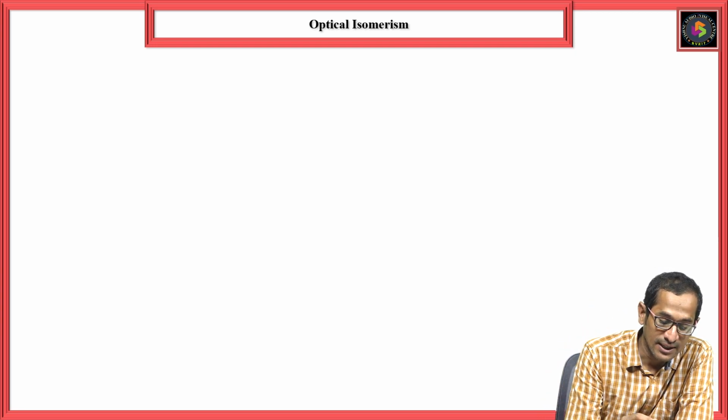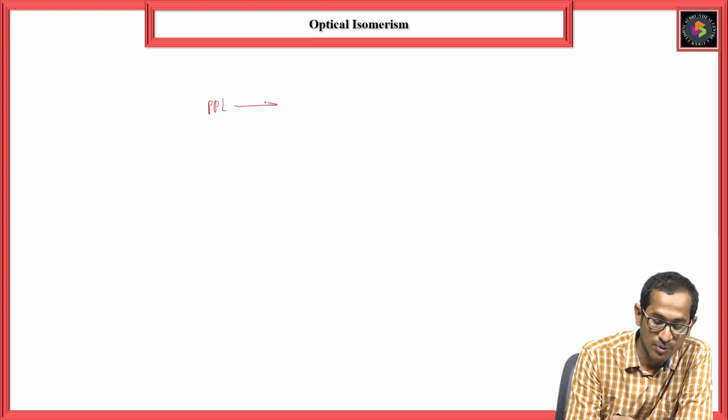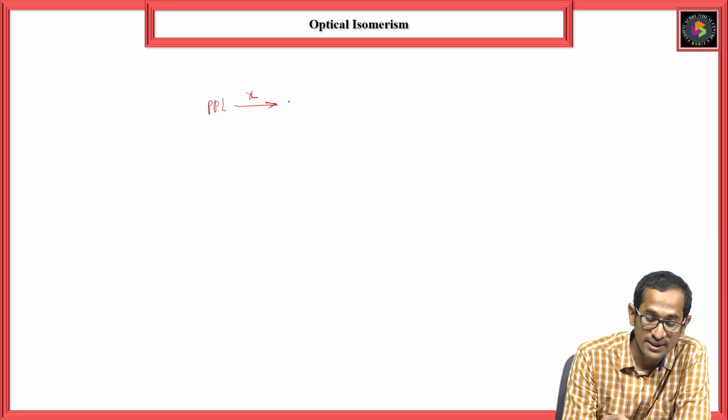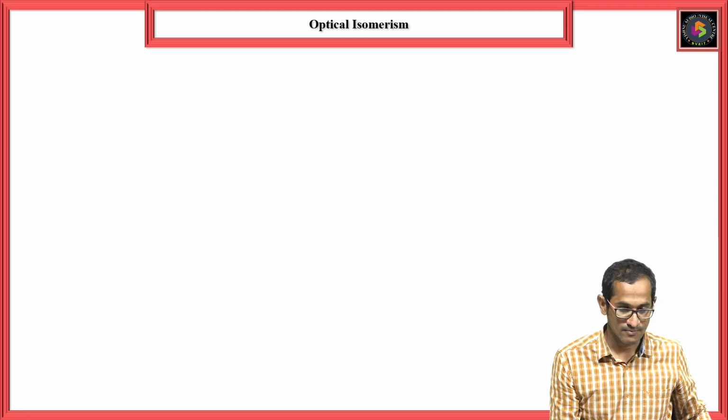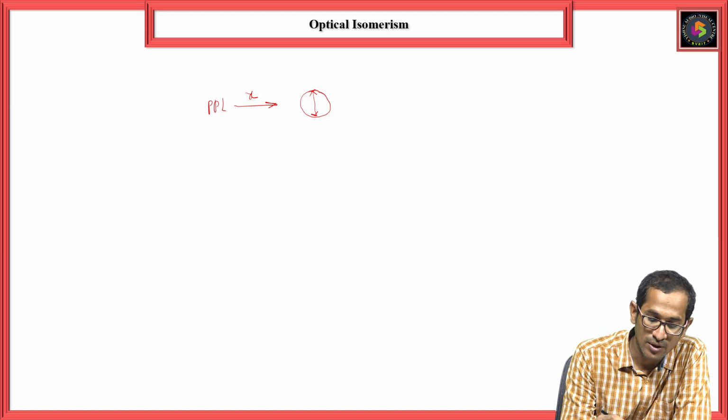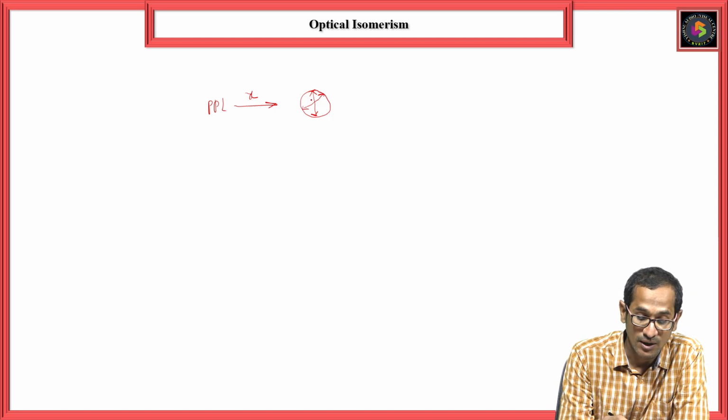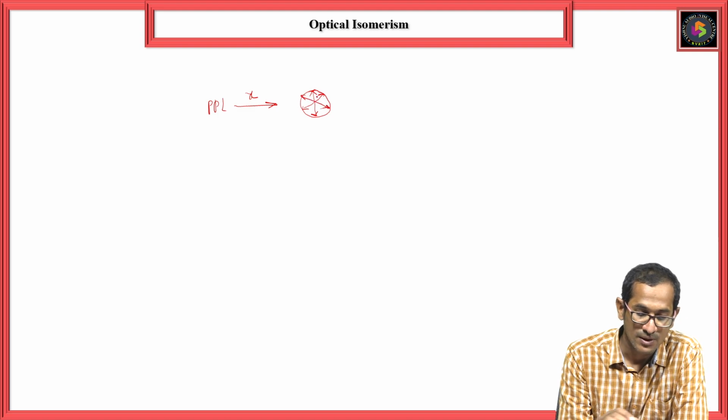One more thing here, what happens? Sometimes PPL is passing through compound X. Then the compound X rotates the plane polarized light. This is the original plane. The compound X rotates the plane polarized light towards the right side or towards the left.